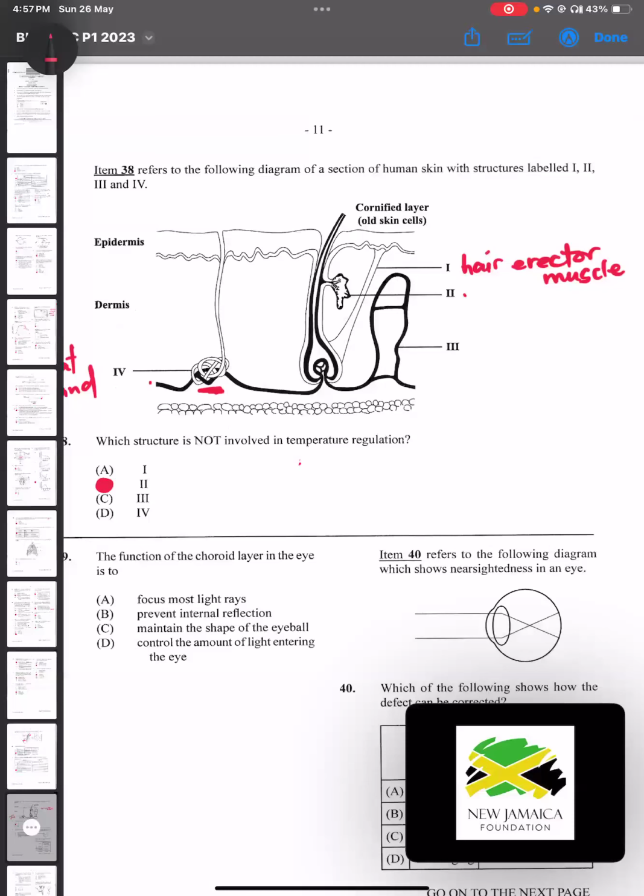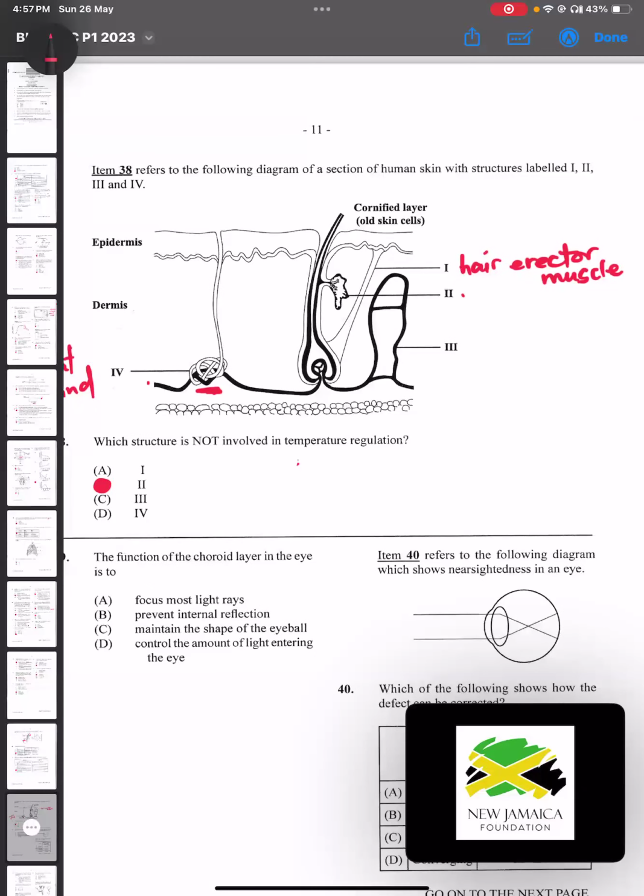Number 2 is your sebaceous gland. And number 3 is your capillary, blood capillary.